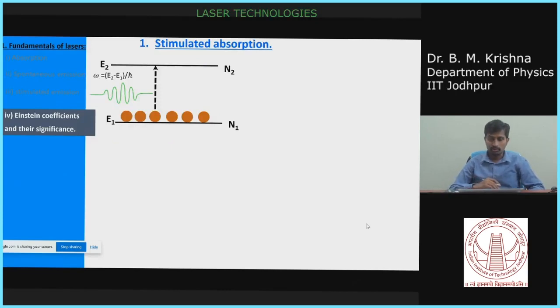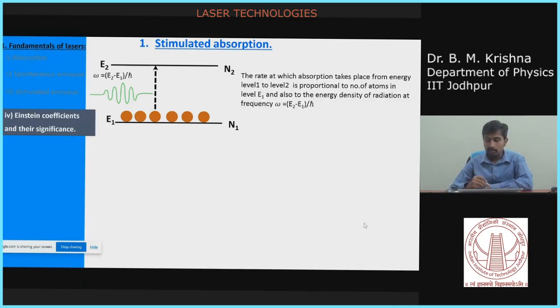The stimulated absorption. If the external photon is triggering the electron in the ground state to take a transition to excited state E2, this process is called stimulated absorption.